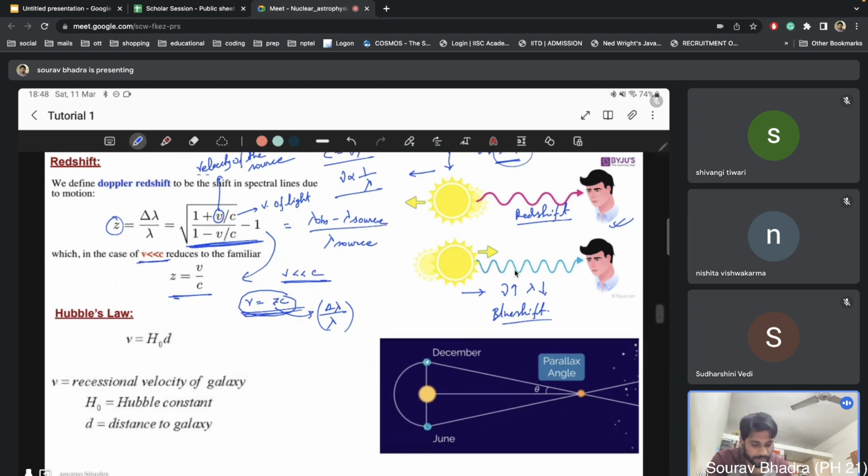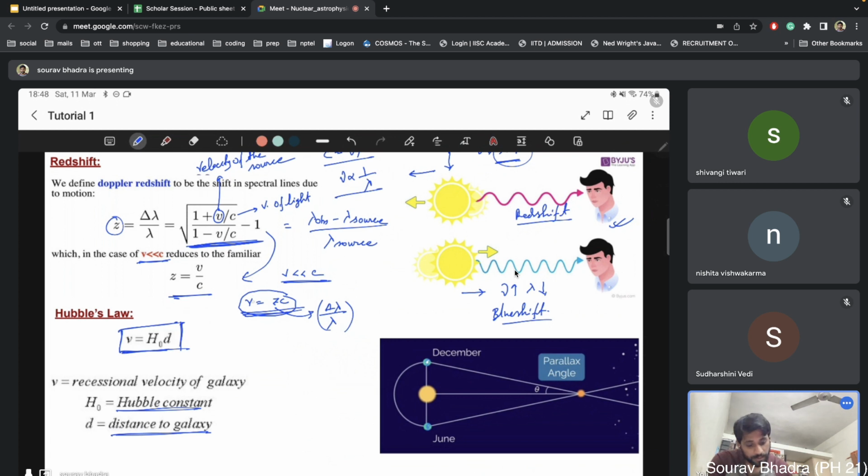So Hubble's law says that V equals H0 D. This particular expression I cannot derive, or tell you how it comes, because for that you have to know a little bit of cosmology, which cannot be completed here. So just try to remember that V is equal to H0 D, where H0 is the Hubble constant and D is the distance to the galaxy.